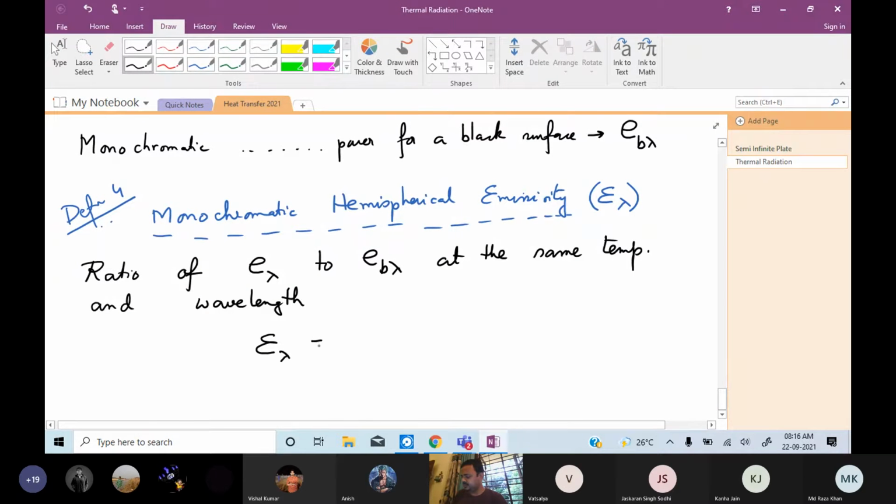So epsilon lambda is E lambda by EB lambda.